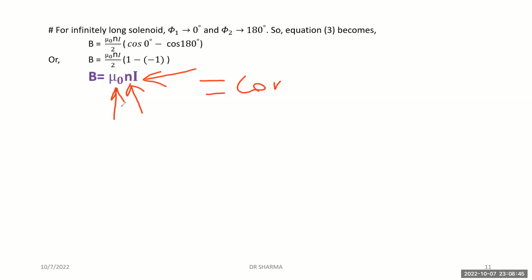So magnetic field inside a long solenoid is constant. This has many applications.